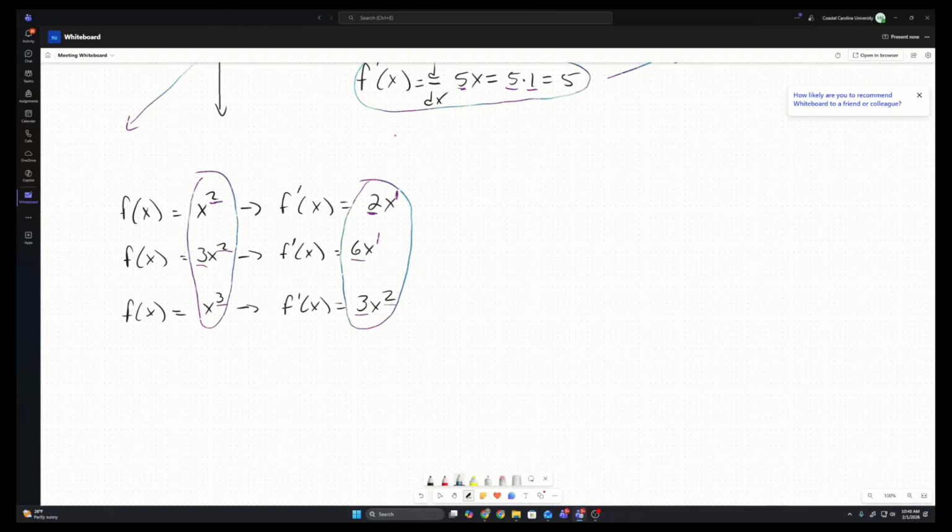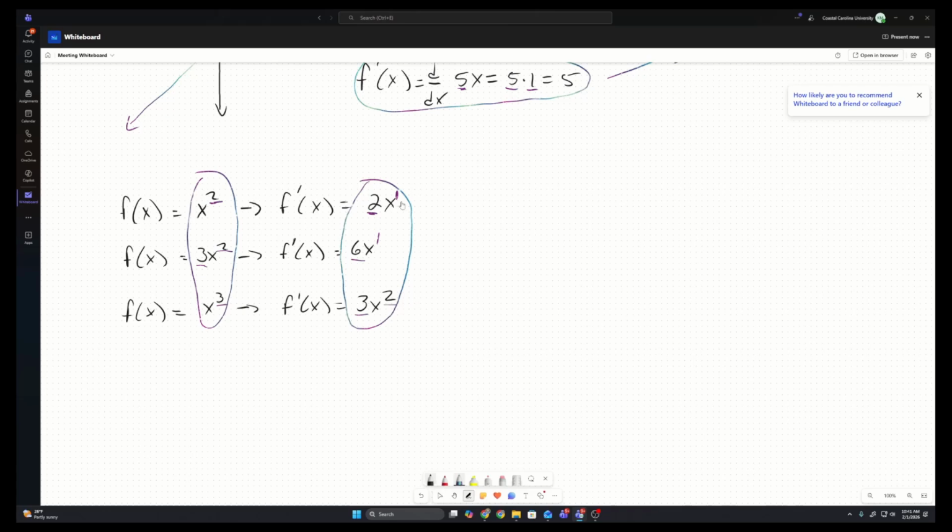So when we deal with anything that's an x to a power, we essentially are taking the exponent and multiplying the front of it. So I'm taking the exponent, multiplying the front, and reducing its power by 1 every time. That's the trick.